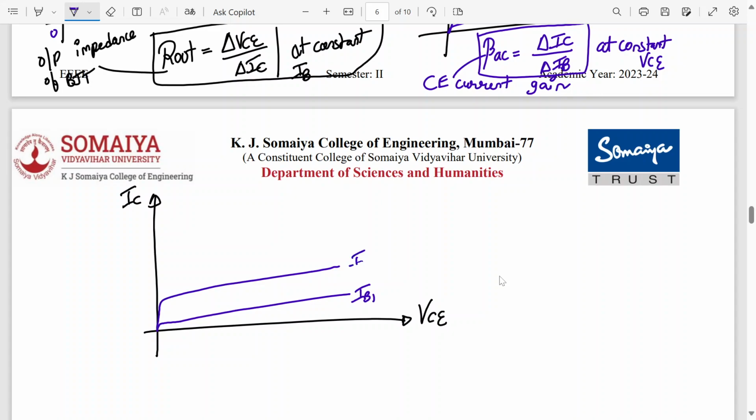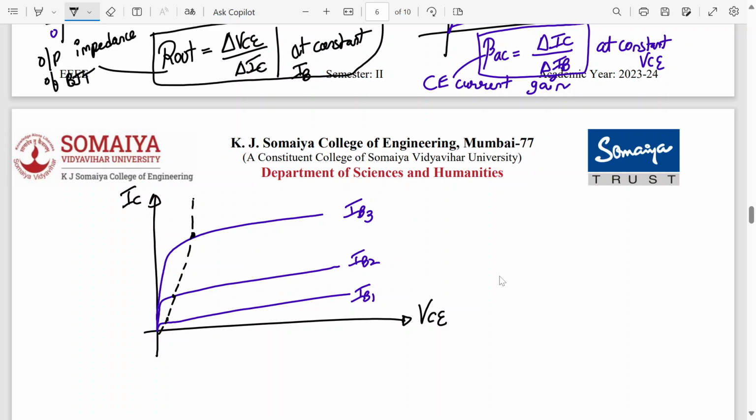So this is IB1, IB2, and then we have IB3. So we have different regions of operation here. So 1, 2, 3.